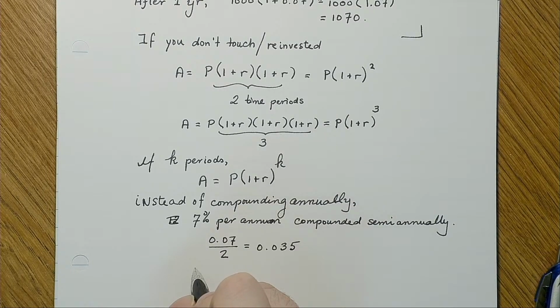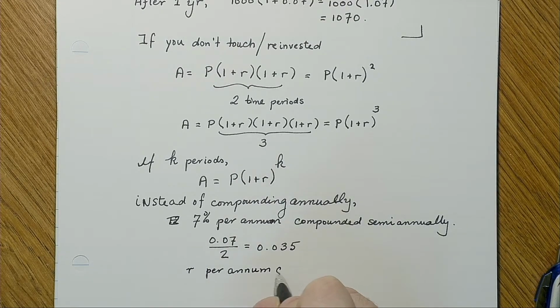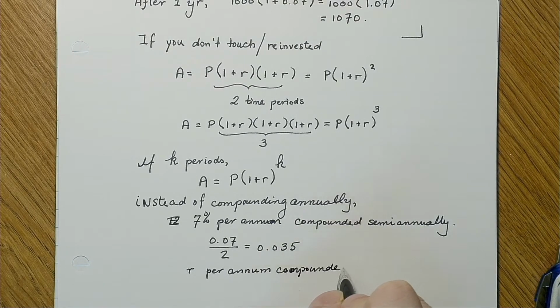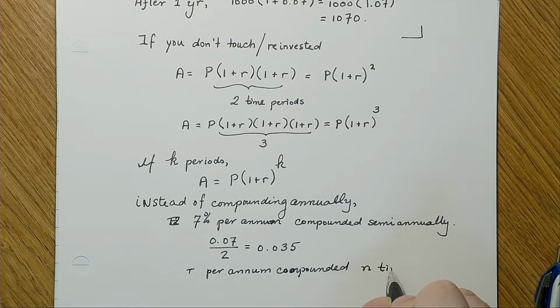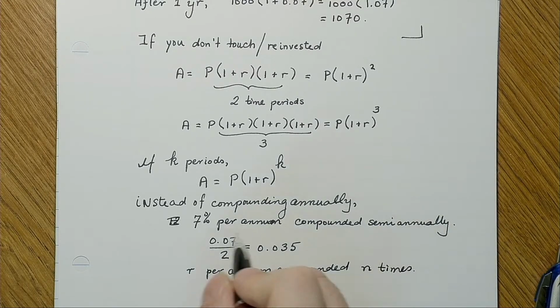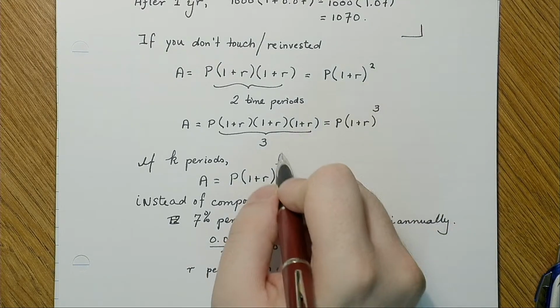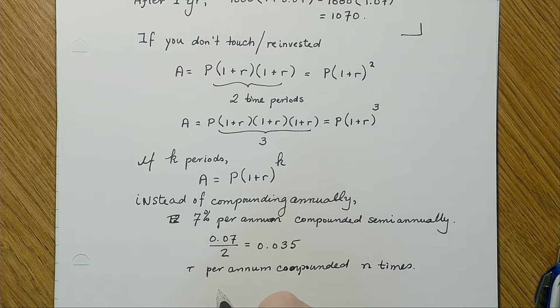So in general then, if my interest rate was R per annum, compounded n times, then the number up here, this R, would be R over n, the number of times it's compounded.